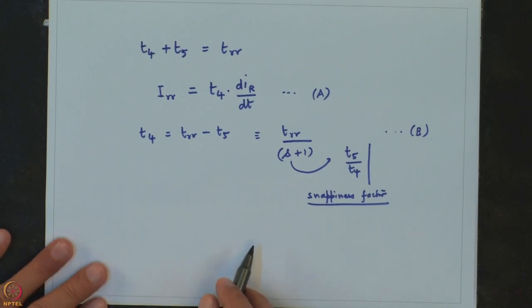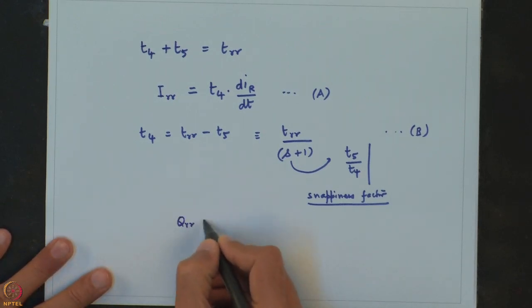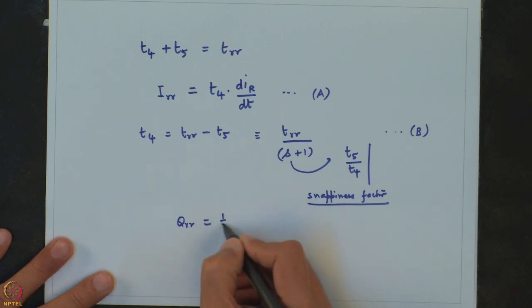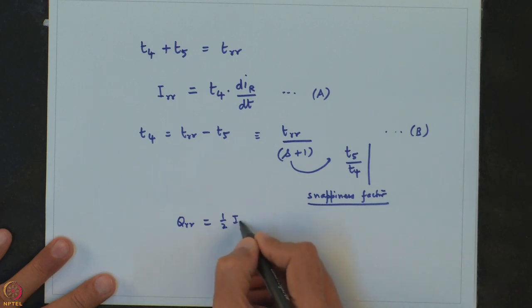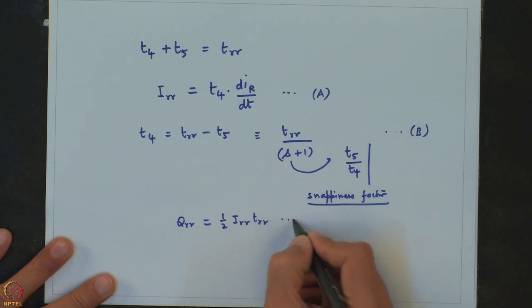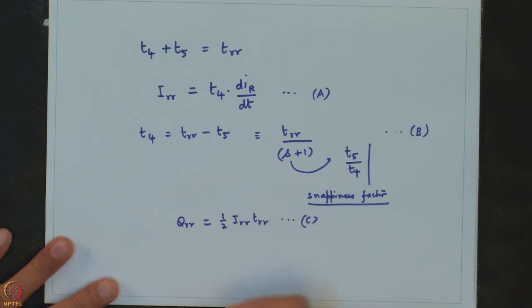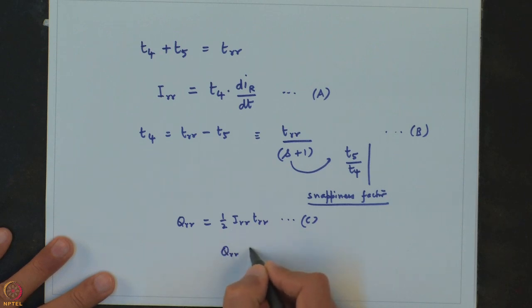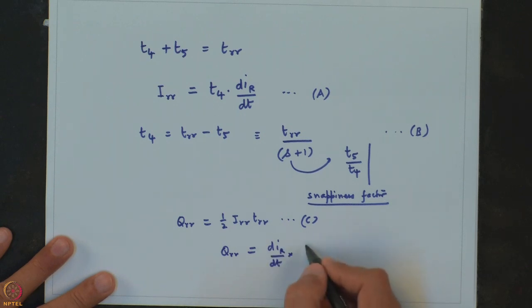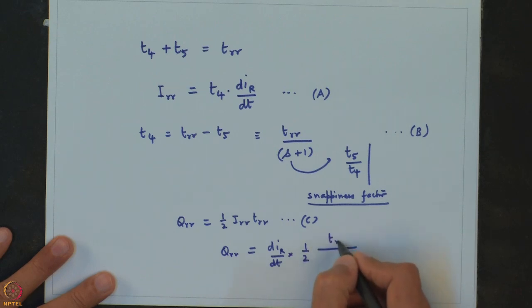Now, let me call this expression B. We also know that QRR, the charge that got accumulated, which has to be removed during the T4 plus T5 interval, is half IRR into TRR, and let me call this equation C. If I use the value of IRR from equation A and substitute it into C, QRR turns out to be equal to diR by dt, the slope, into half of TRR square into S plus 1.